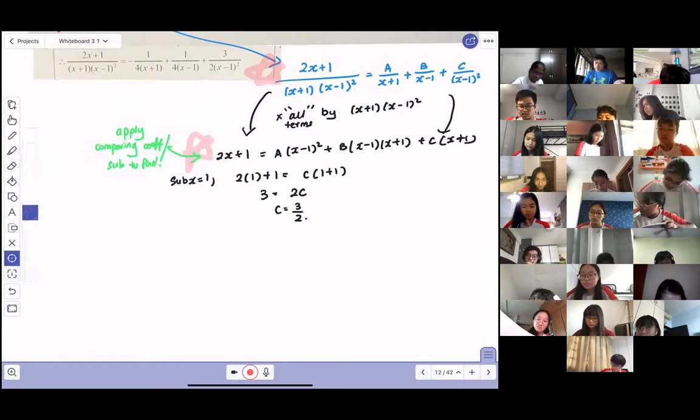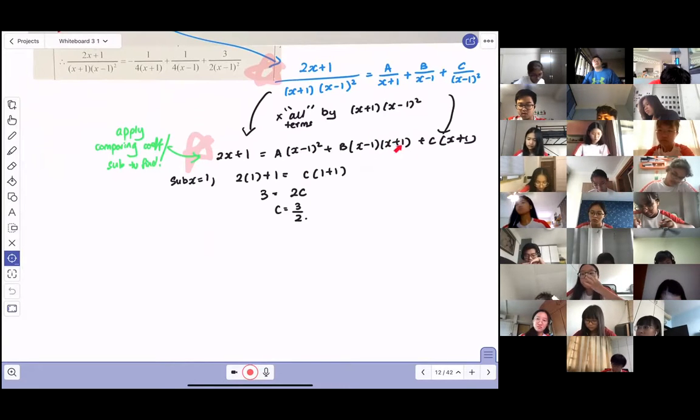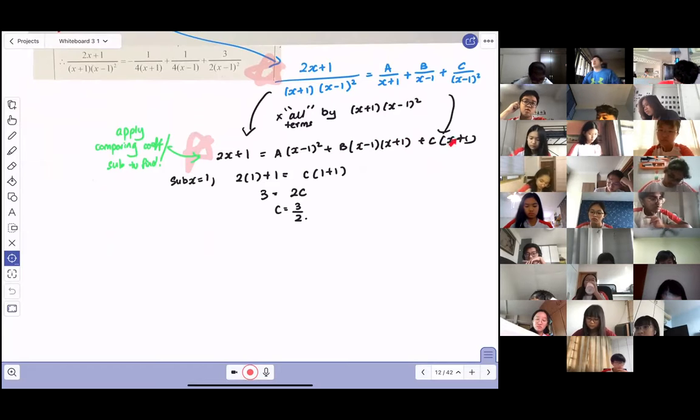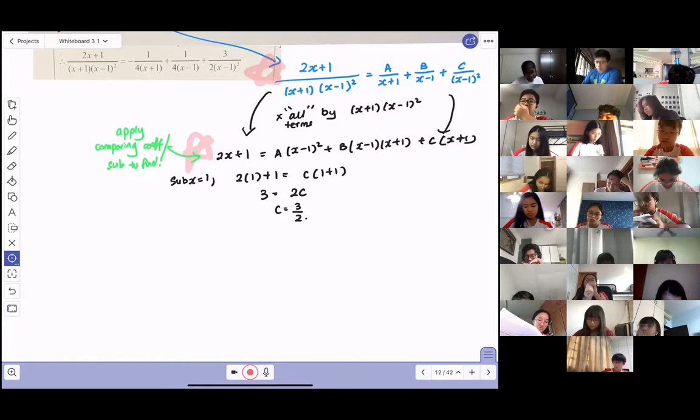Then after that, another place I can sub is x equals minus 1. So if x equals minus 1, B will disappear because this gives me 0. The whole thing passes away. Here also I get minus 1. This whole thing will disappear as well. Minus 1 plus 1 will be 0. Okay, so this kind of tempo, we keep doing it in this chapter.